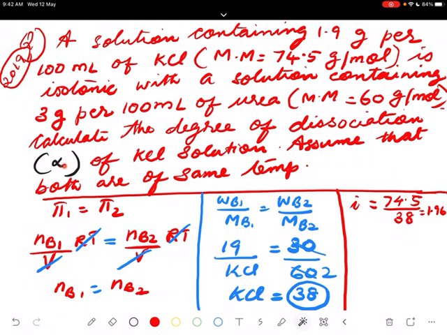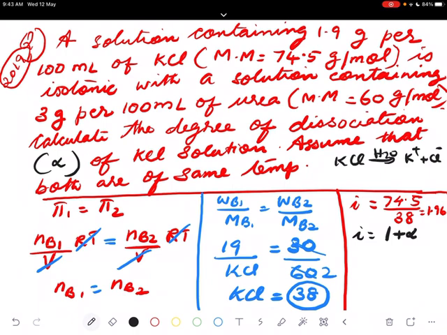So for partial dissociation, what is the formula for i? i is equal to 1 plus alpha in the case of partial dissociation, because KCl dissociates in water to give two particles, K plus and Cl minus.